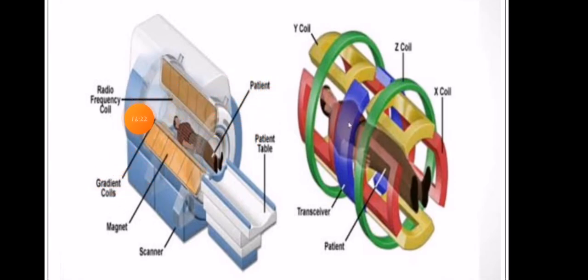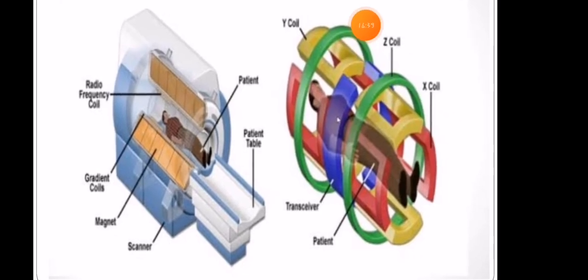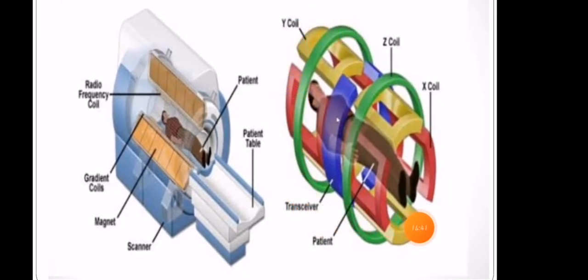You can see gradient coils, magnets are here, and this is the whole scanner from where the image acquisition is processed. And this is axis wise, this is the Z coil, this is the X coil, and this is the Y coil also. And this is the transceiver here, and this is the patient. This is the process of spatial encoding.